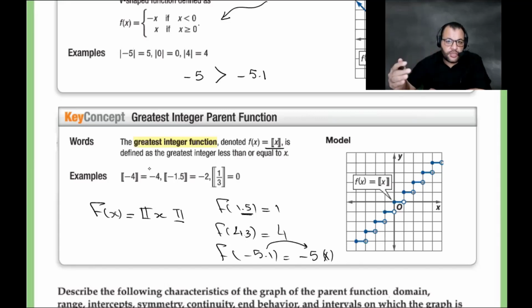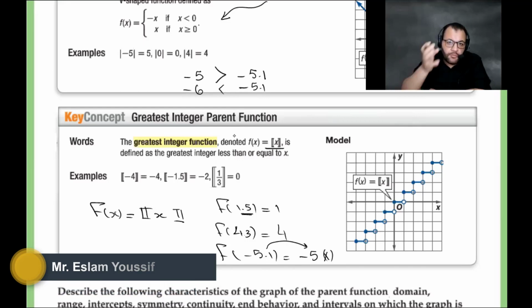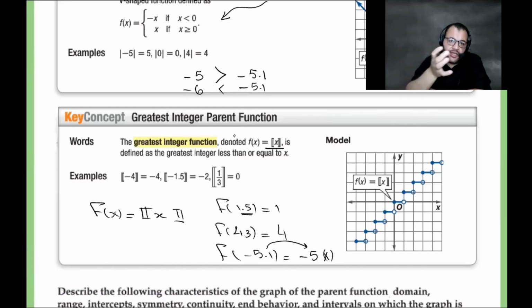The greatest integer number which is smaller than or equal to negative 5.1 is negative 6. You understand it now?